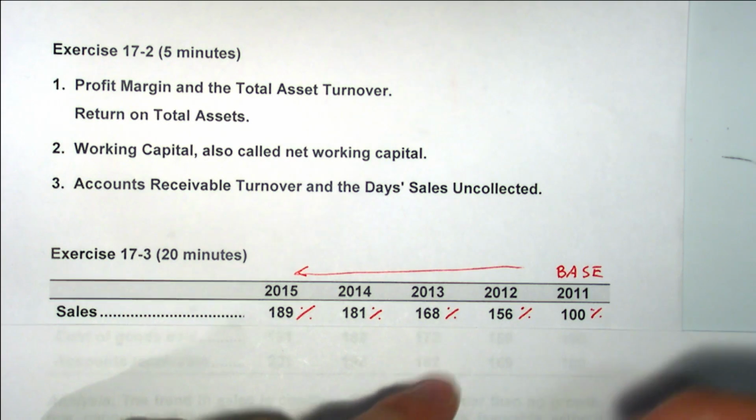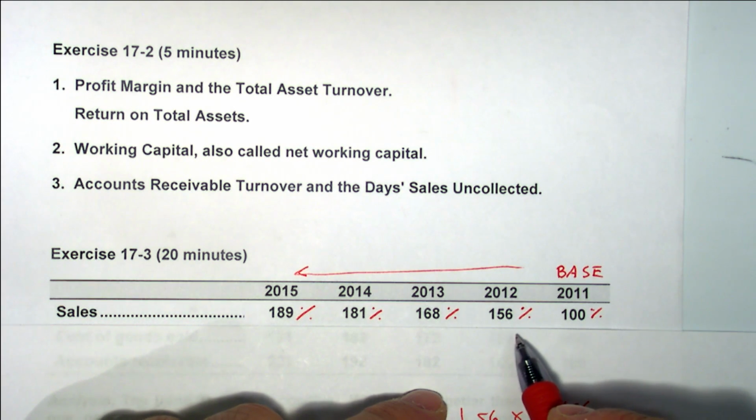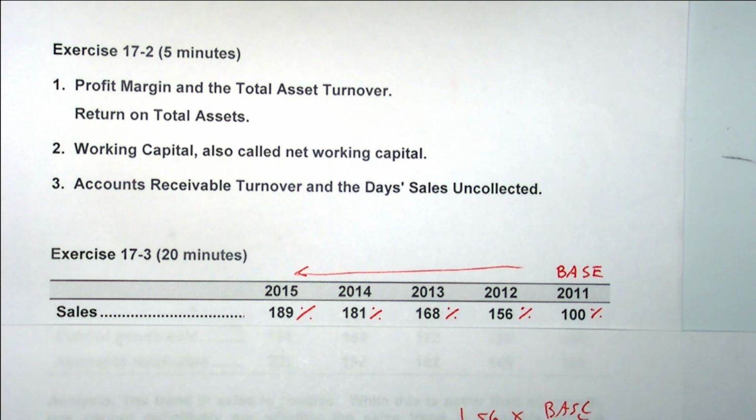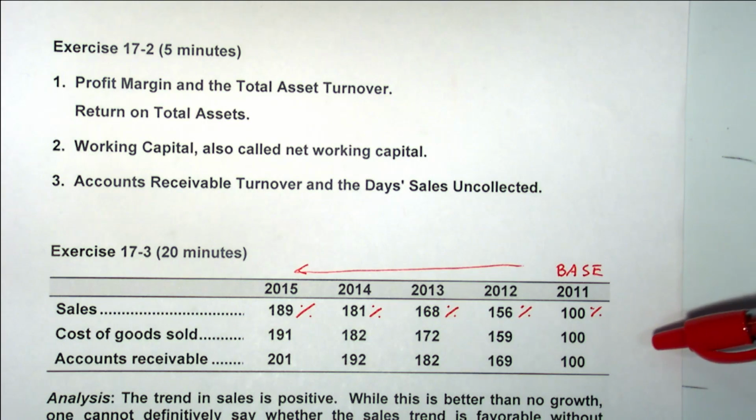And if you want to figure that out, you could just take 1.56 times that base period amount, and that would equal that amount there. So you got 56, 68, 81, and 89. I did it on all of them too. That's all right. There are different ways of doing this, really.